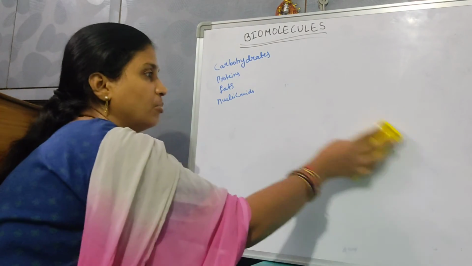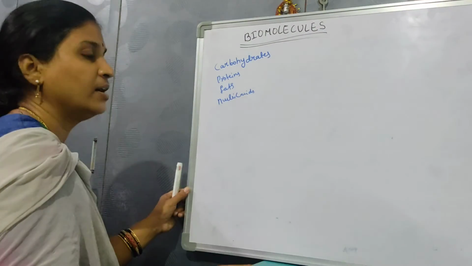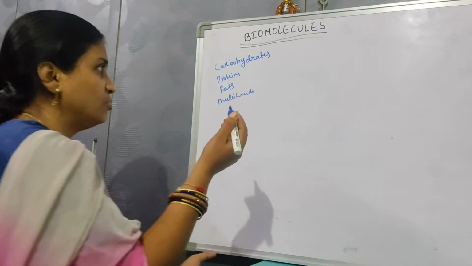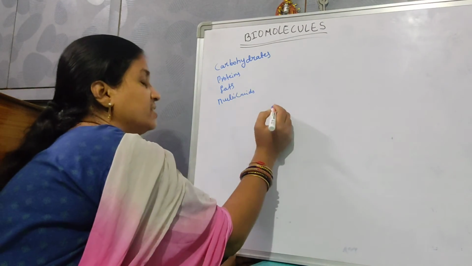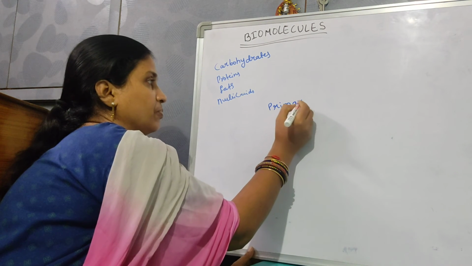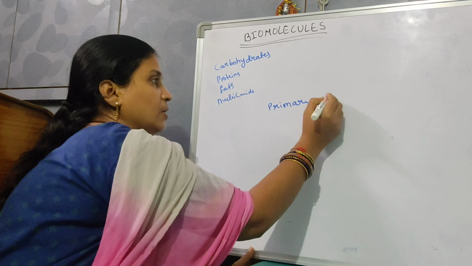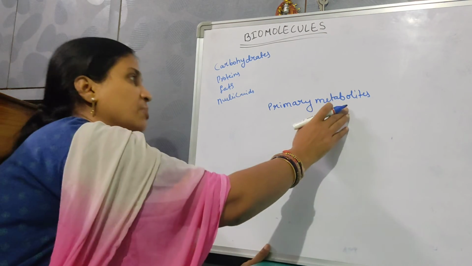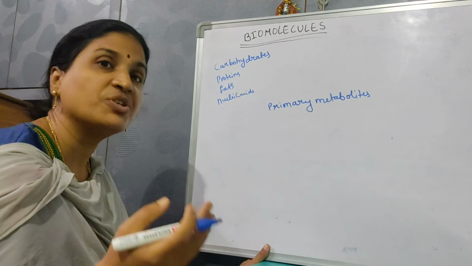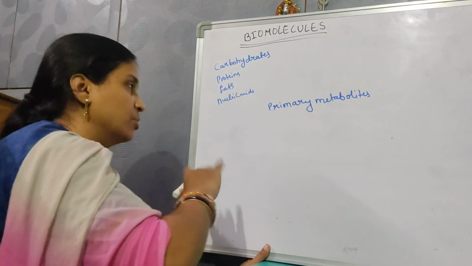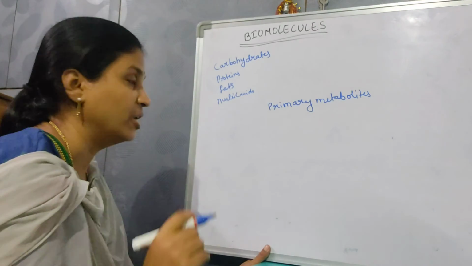These are the chemical substances or biomolecules which play an important role in the physiological processes. Those metabolites, formed as a part of metabolism, are called primary metabolites.